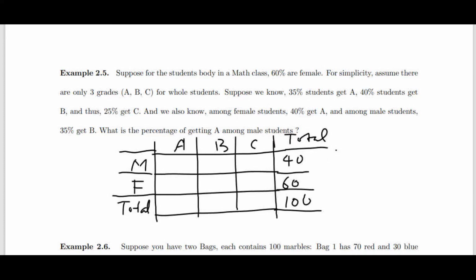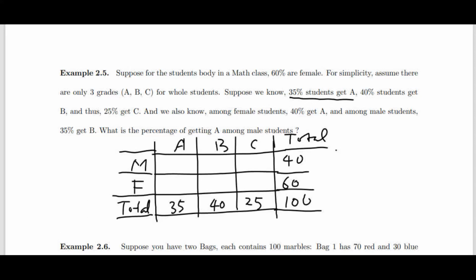Okay. So how many A total? So we have such a table. We just fill out this table by the information we are given. So 35% of students got A, 40 got B, and 25 got C. Okay, so we still need some more information to fill out this table, right?